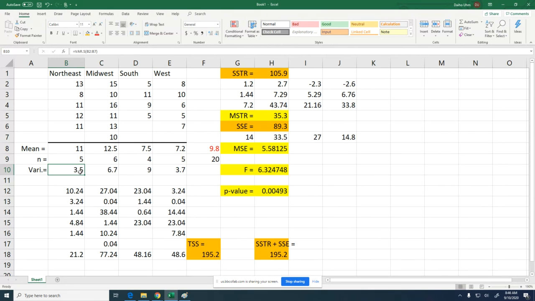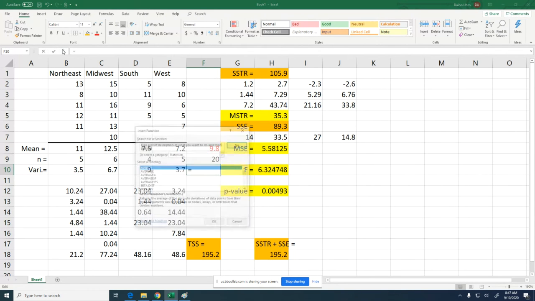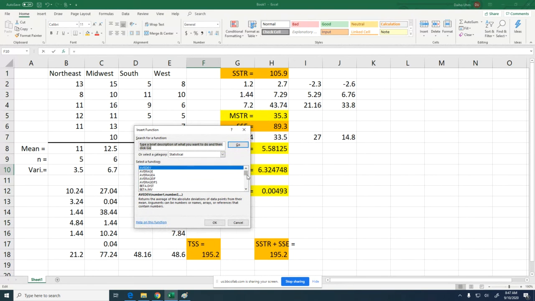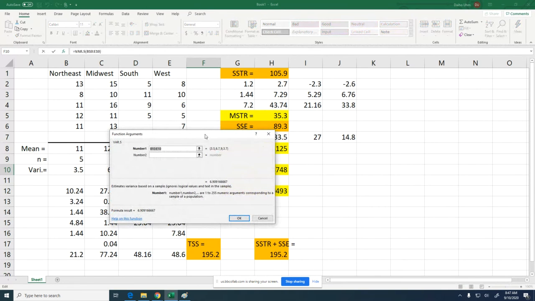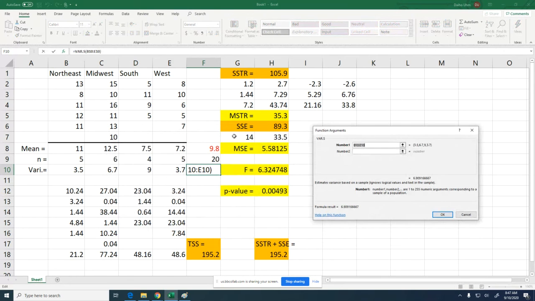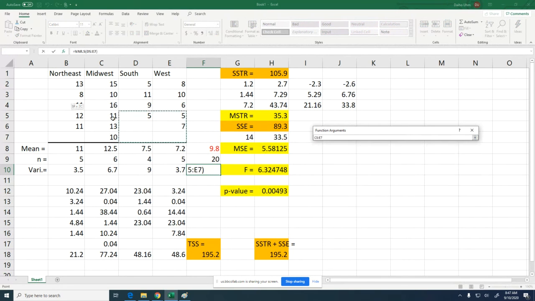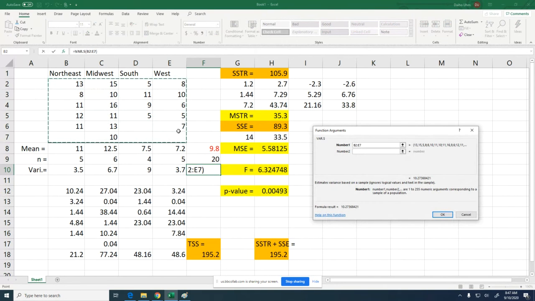Before, we took each sample variance, right? Let me take the overall variance. So let me take the function again, the VAR.S again. And now it's not from each sample, but it's overall. So let me take them all and take the variance.